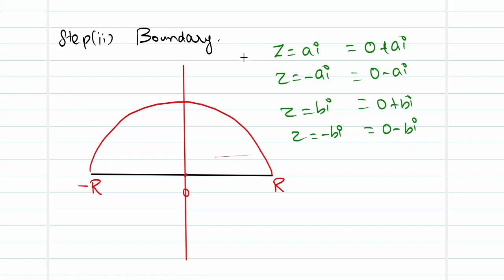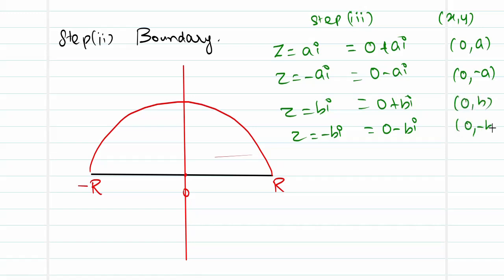After identifying the boundary, step 3 is going to be the positioning of the poles in our given boundary. So what will be the x comma y coordinates for this? This is 0 comma a, 0 comma minus a, 0 comma b, 0 comma minus b. We will try plotting these 4 points. 0 comma a, with a being a positive number, say this is my point 0 comma a.